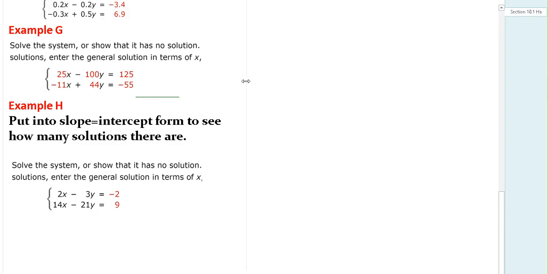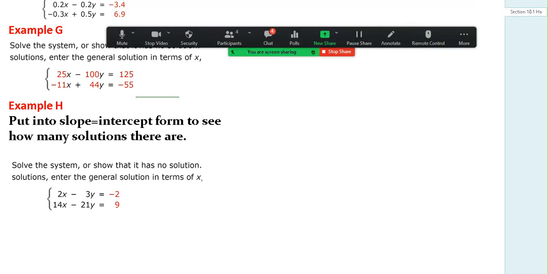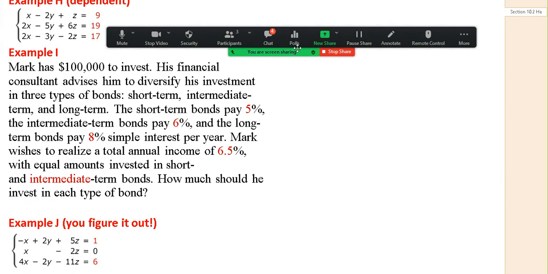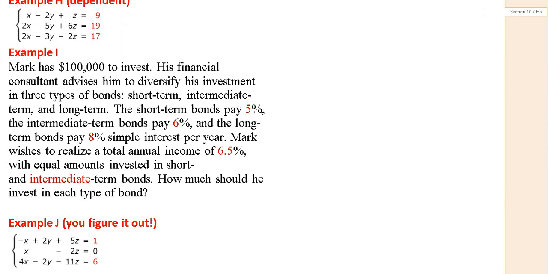Let me show you something that you're going to need to solve in one of your problems at home. And that is, in addition to everything else, you get to set up the system of equations.